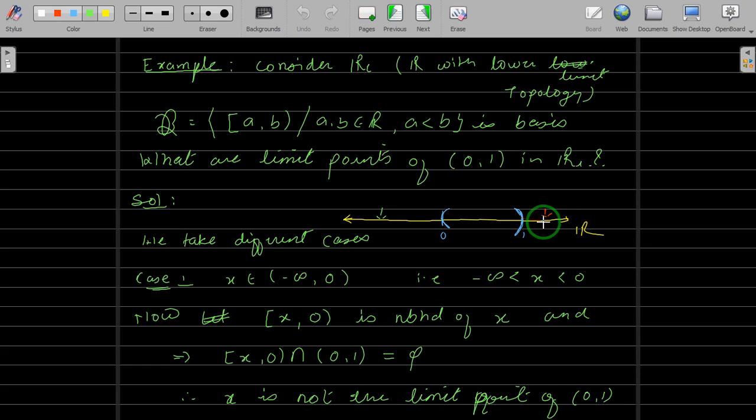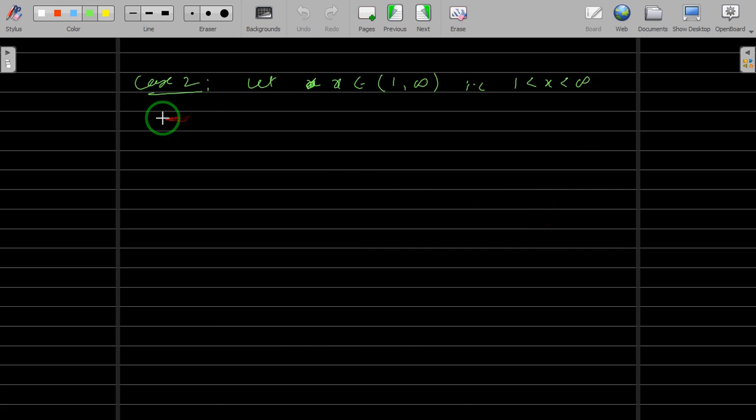Of course this is not a limit point, because no matter where your x is, we can take a neighborhood. Here we will take the neighborhood [x, x+1). Of course x belongs to this and x is greater than 1, so this is a neighborhood of x.